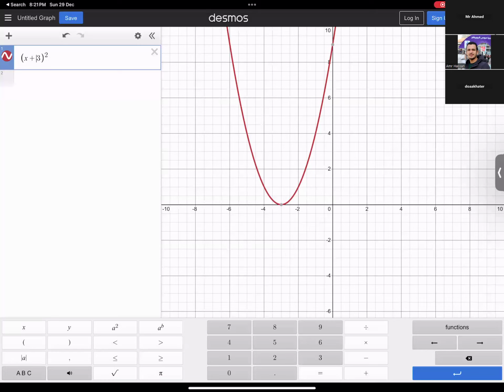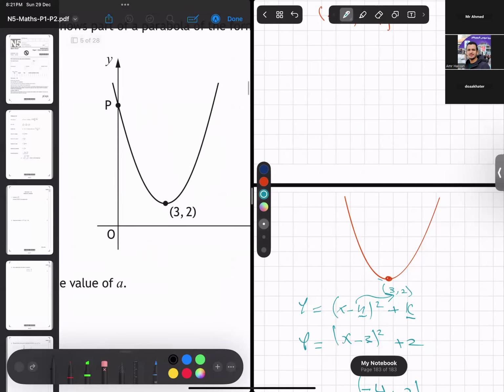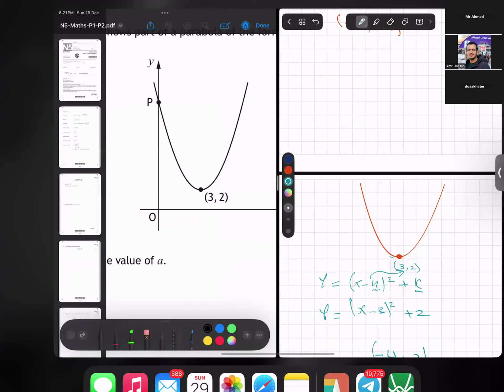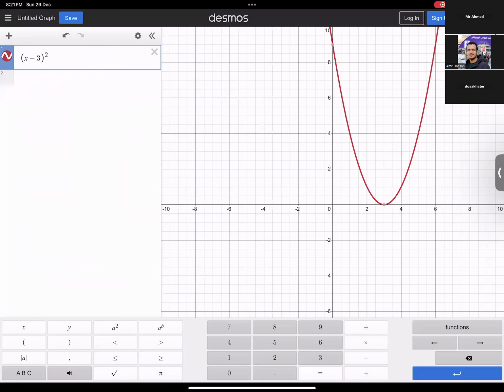But remember, this one was in the first quadrant, so it makes sense. It's supposed to be x negative, not x plus. So this one's shifting to the right. Okay, anyway.